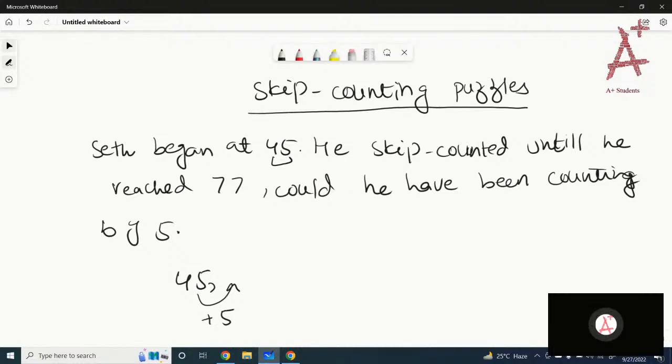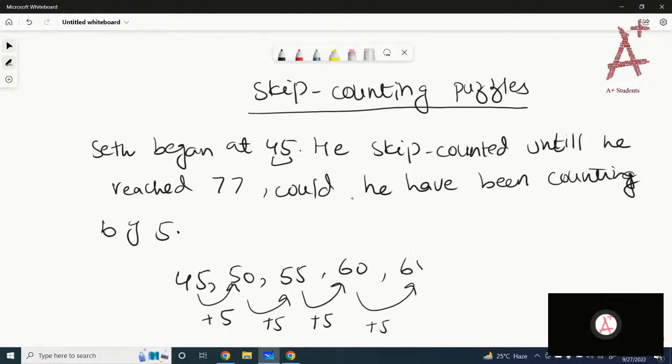So 45 plus 5 is 50. Then 50 plus 5 is 55. Then 55 plus 5 is 60. Then 60 plus 5 is 65. Then 65 plus 5 is 70.